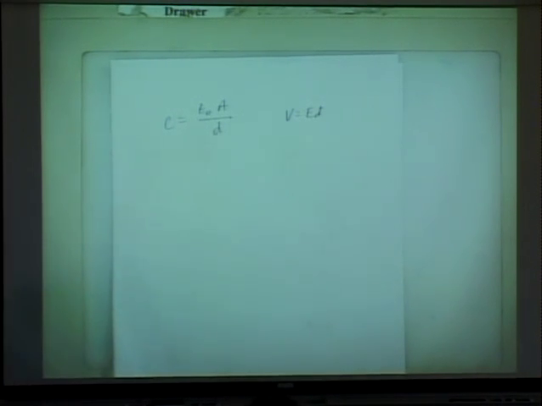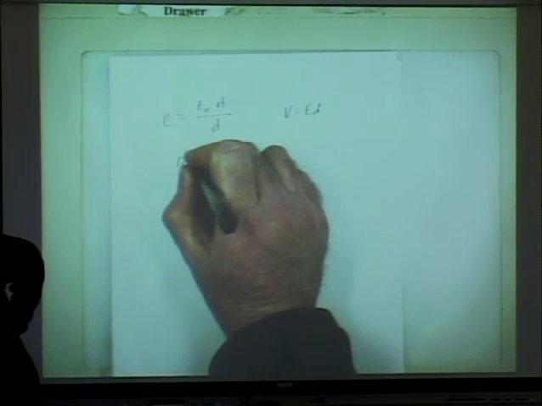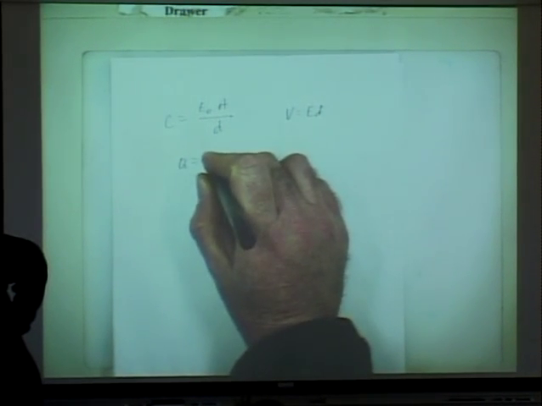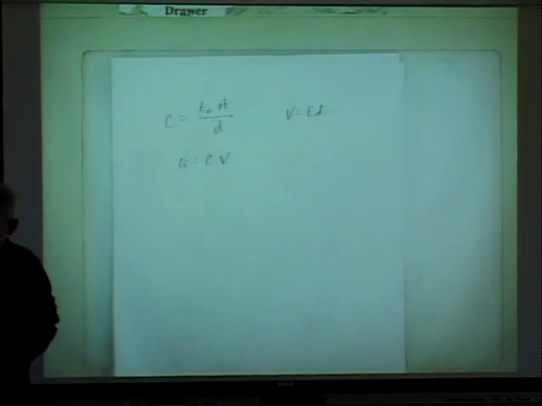Okay. Voltage equals E D, and so we also know that Q equals the capacitance times V.